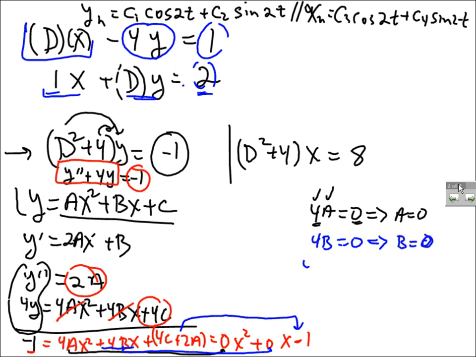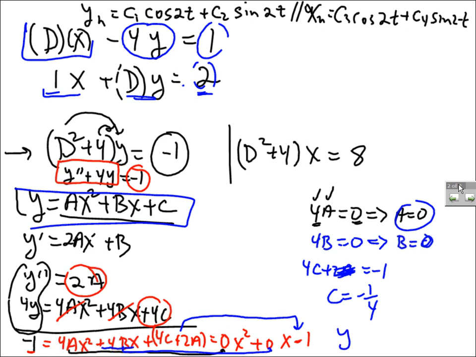And we have that 4c plus 2a is negative 1. I know a is 0, so it's as if that isn't there. 4c is negative 1, so c is negative a quarter. So updating this here, y is equal to 0x squared, which is 0, plus b times 0, getting zeros because a and b are 0.